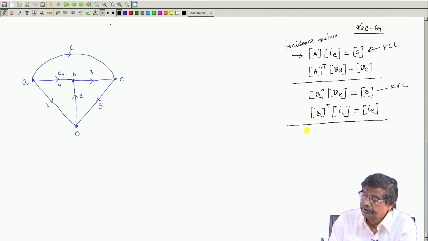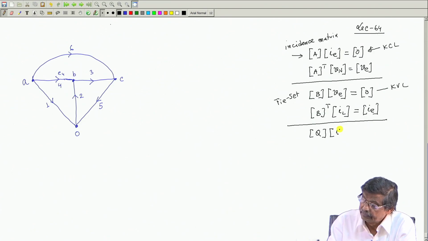And finally, we got a relationship like Q into I_E equal to 0. A is called the incidence matrix, B is called the tie set matrix, and this Q is called the cut set matrix.